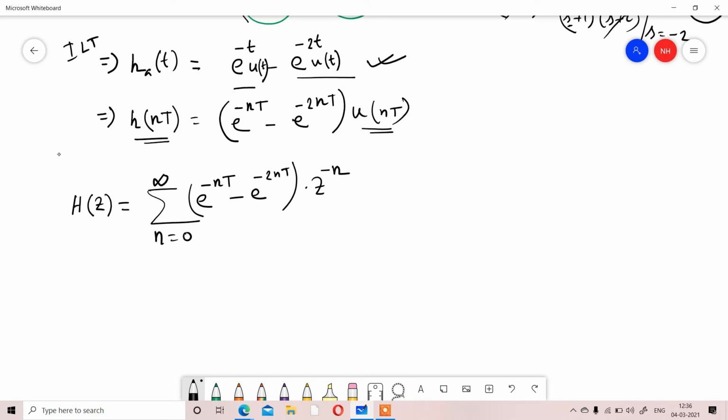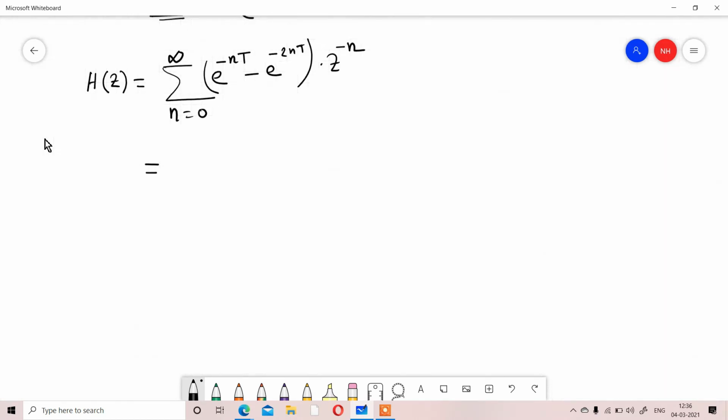Now simply, if we do the Z transform, or first if we simply split this into two parts, you just need to do the solution, nothing else.